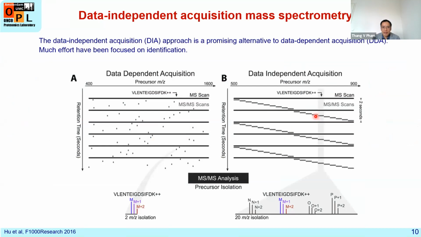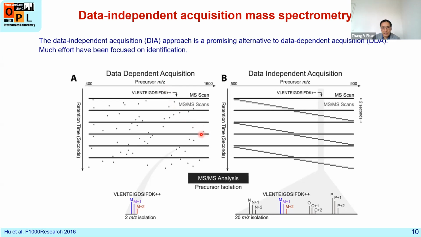I mentioned mass spectrometry, and for the last 15 years, data-dependent acquisition has been very popular, has been the main driving force in the field. But recently, there's also a new technique called data-independent acquisition. It's an alternative that gives much more consistent data. The figure here illustrates the two different techniques.